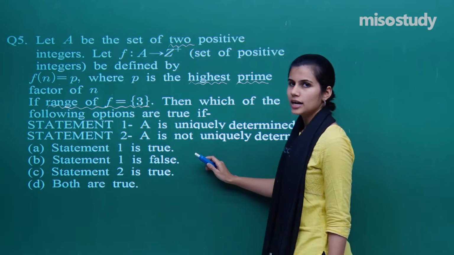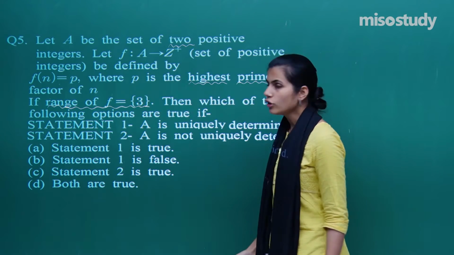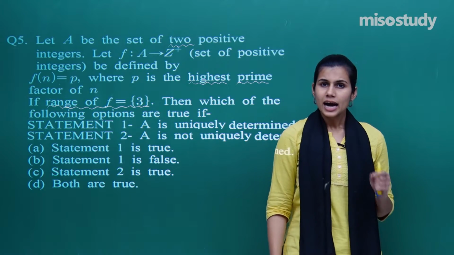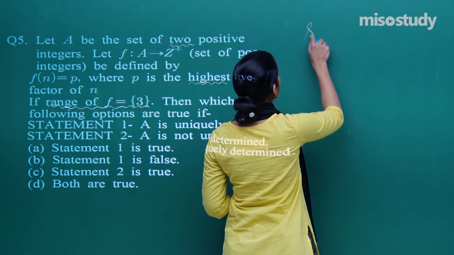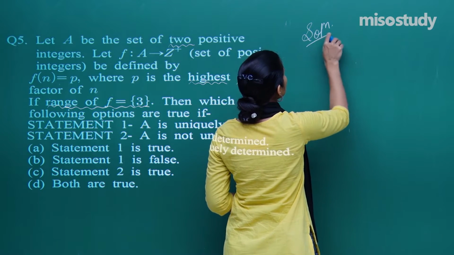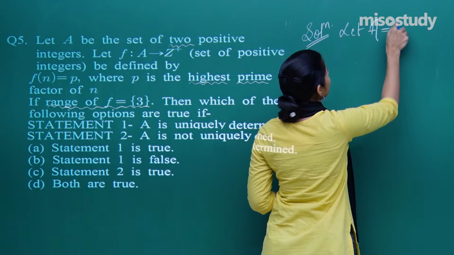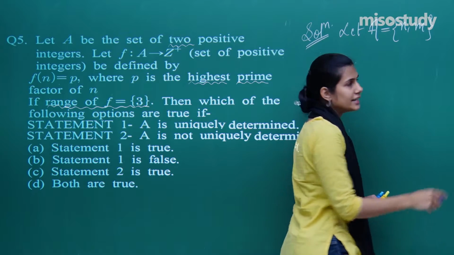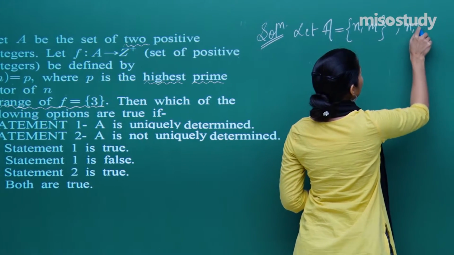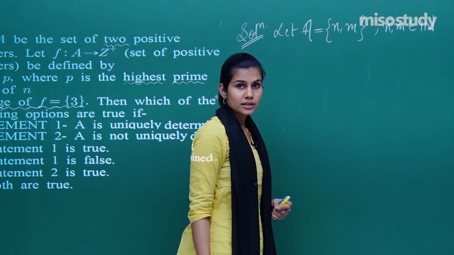Then the question starts. So, before that, let us understand how the function is behaving. I am given A is the set of 2 positive integers. I don't know what those 2 integers are. So, let me say, let A be the set of 2 positive integers n and m, where n and m are any 2 positive integers.